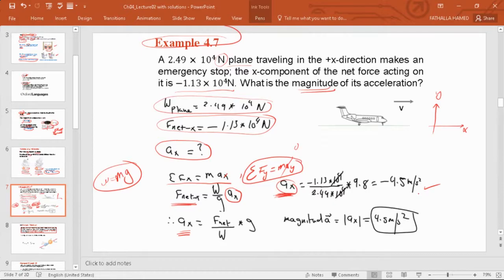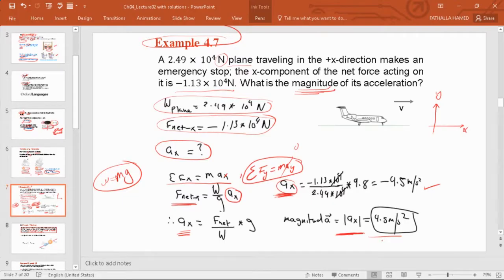And that's why your acceleration has to be opposite to the direction of your velocity along the x-axis. But they ask about the magnitude here. And for the magnitude, you always have to take what? You always have to take the absolute value. And that's why you have here 4.5 meters per second squared.